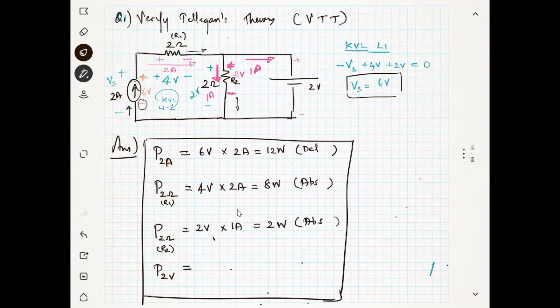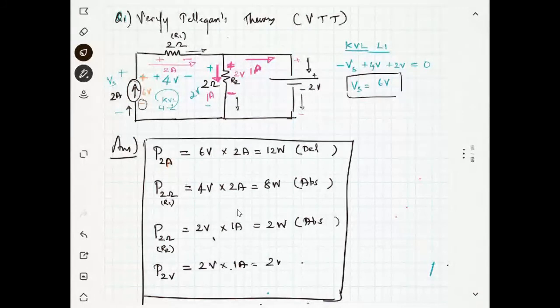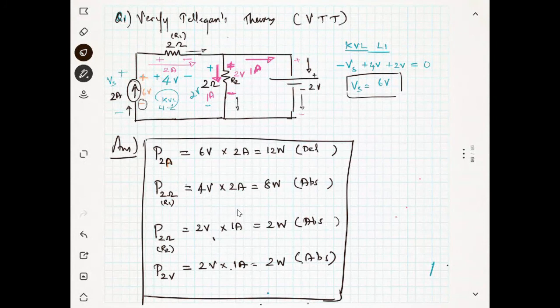Now we will see the 2 volt source. The current is going inside the positive terminal, going away from the negative terminal, so it will also be absorbed. It is 2 volt multiplied by 1 ampere, 2 watts, absorbed. I hope that this problem is clear to you.